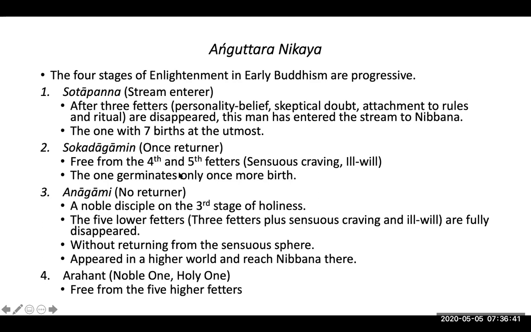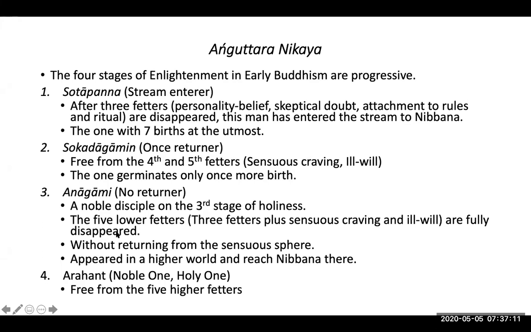And once this person comes back to this world and continues to make an effort, that person will reach Anagami, non-returner to the sensuous realm. When a person reaches Anagami, this person completely conquers the five lower fetters.